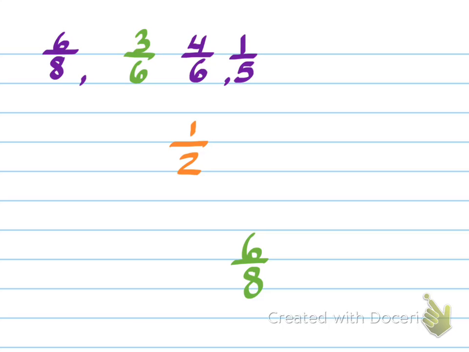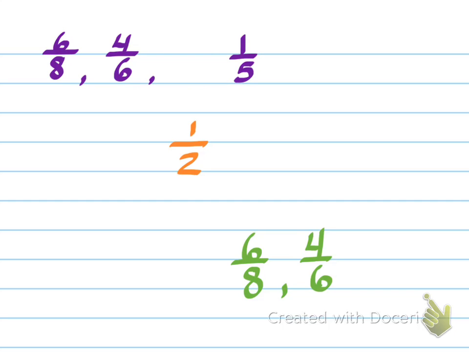So if 4/6 is greater than 3/6, that means that 4/6 is really greater than 1/2. So I'm going to go ahead and put 4/6 over here because it is greater than 1/2, which is equivalent to 3/6.